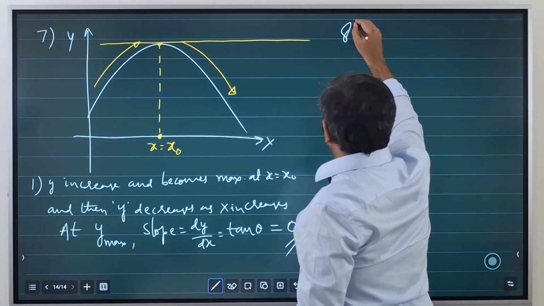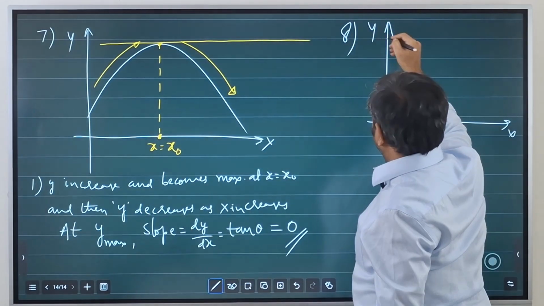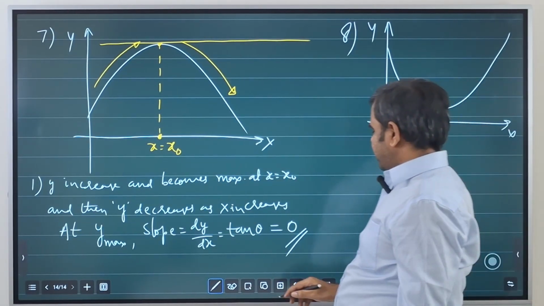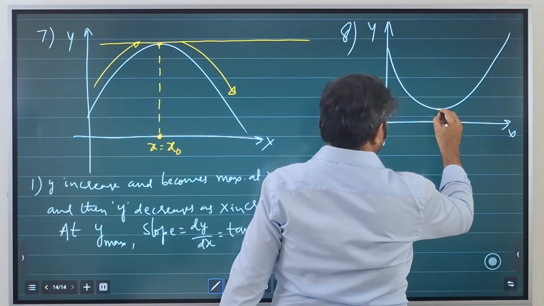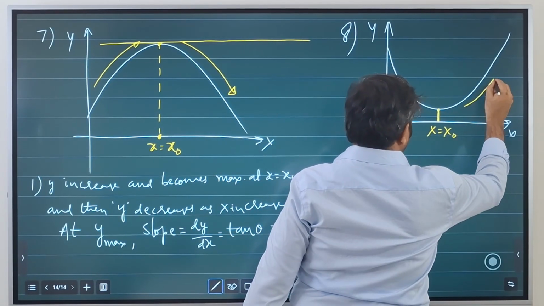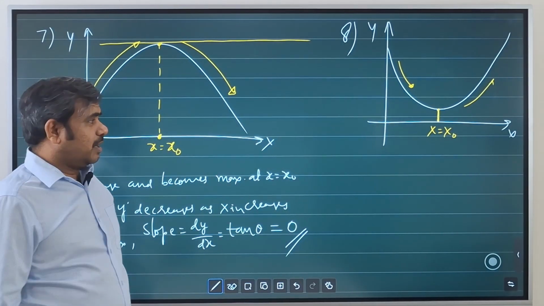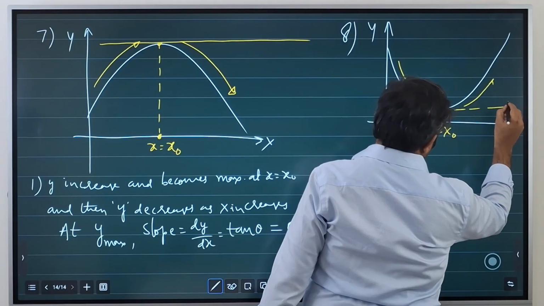Similarly, we can look at one more graph. Look at this graph here. First, y decreases, becomes minimum at x equal to x naught, and then y increases. When y becomes minimum, draw a tangent.